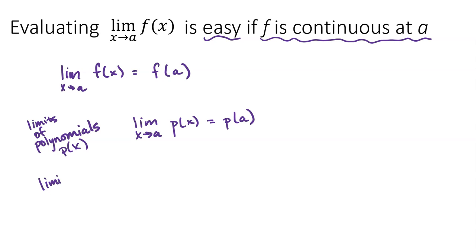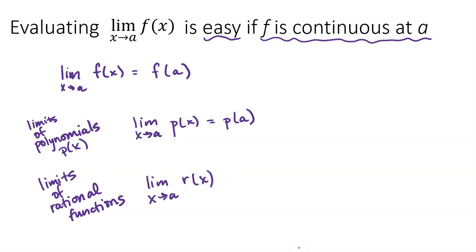The limits of rational functions, which are ratios of polynomials, are easy if a is in the domain of r of x. If a is in the domain, then the limit as x approaches a of r of x is equal to r of a.